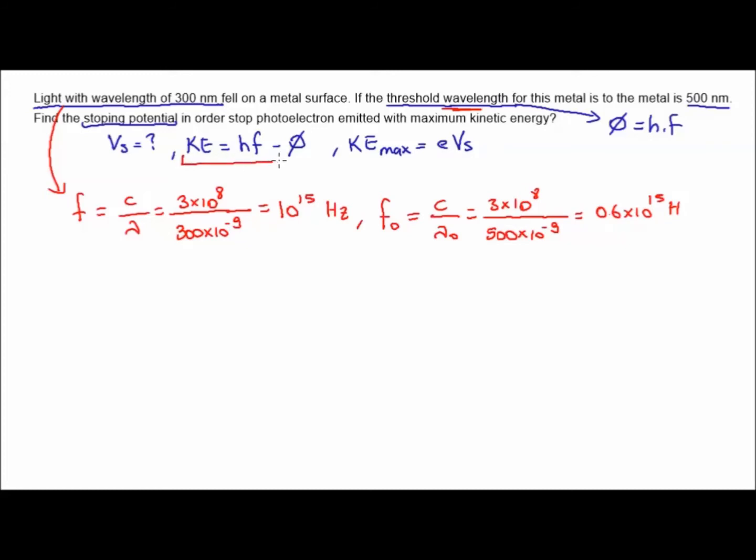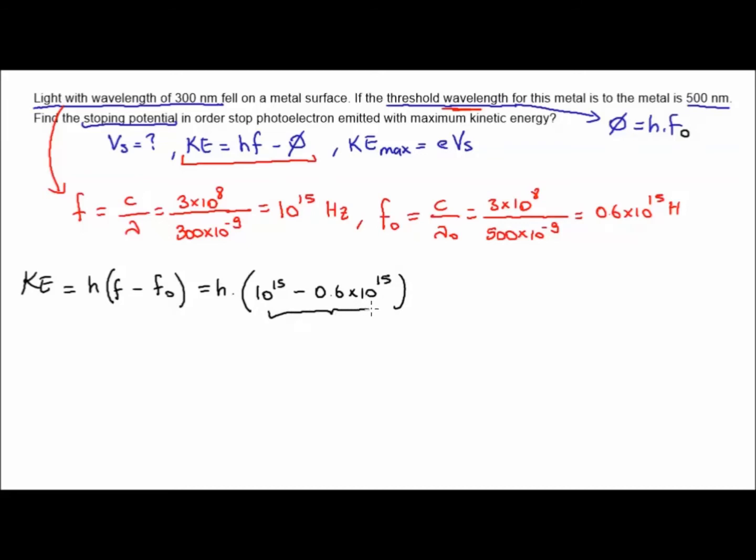Now I can use this formula to calculate kinetic energy. Kinetic energy equals h times f minus f0, because phi is equal to h times f0. We have a common factor, so h times f is 10 to 15 minus 0.6 times 10 to 15.